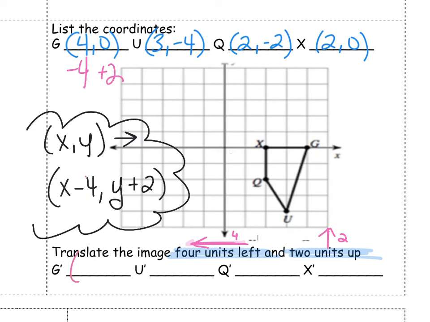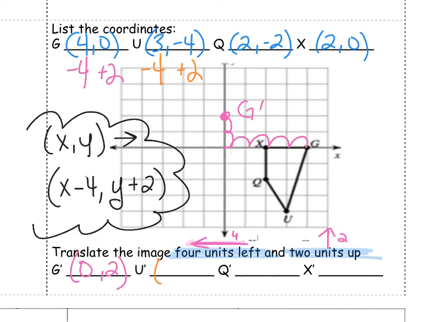So G prime should end up at the point 0, 2. Let's check. Back 4, or left 4, up 2. G prime is at 0, 2. So left 4, up 2.